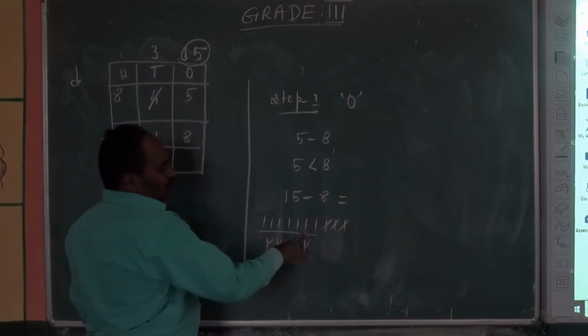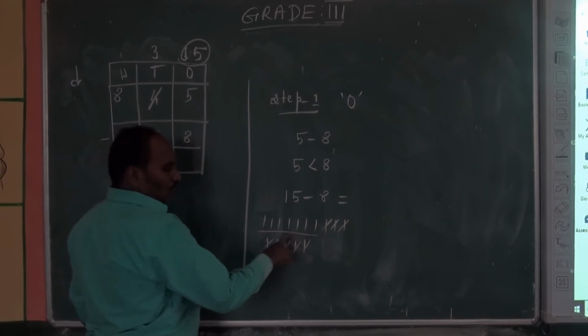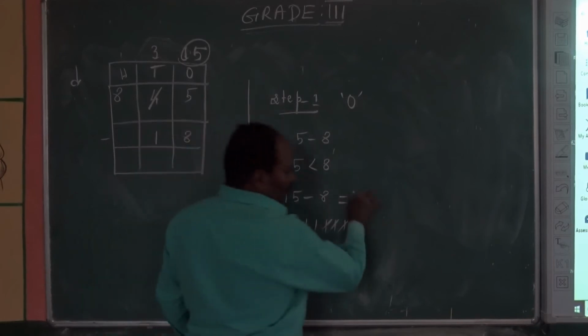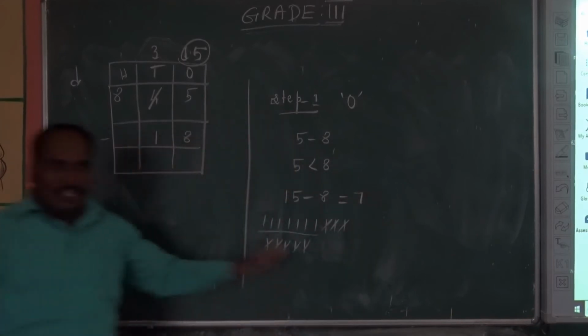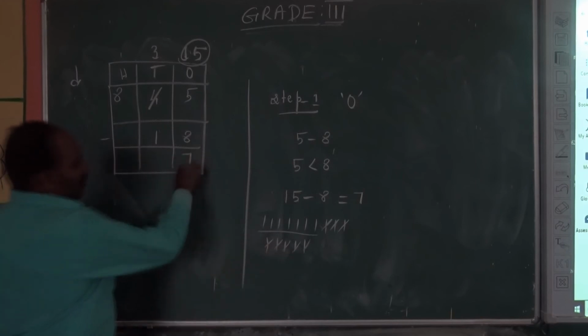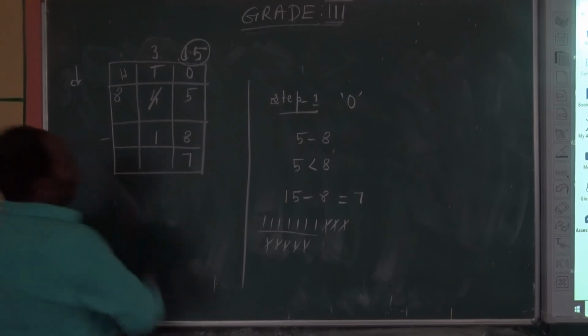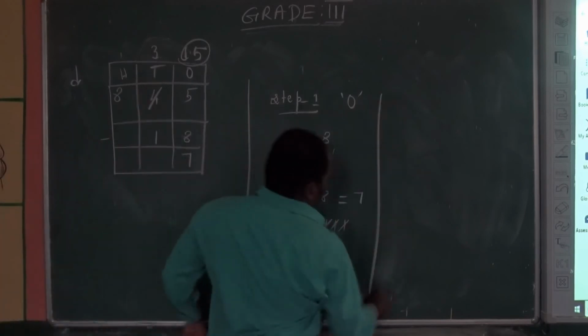Remaining 1, 2, 3, 4, 5, 6, 7. So 15 minus 8 is equal to 7. The number 7 write in ones place. The next one, step 2.